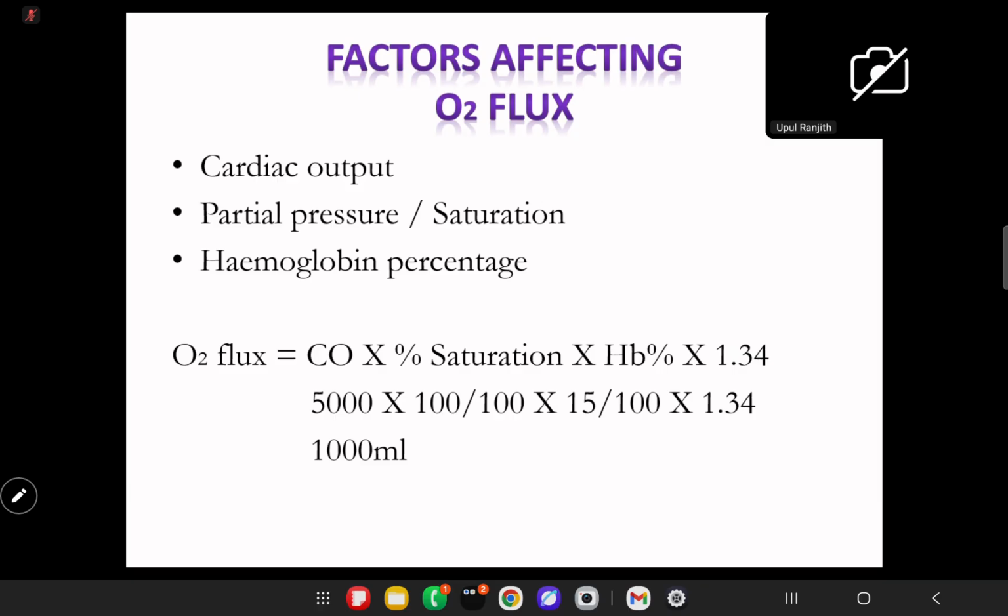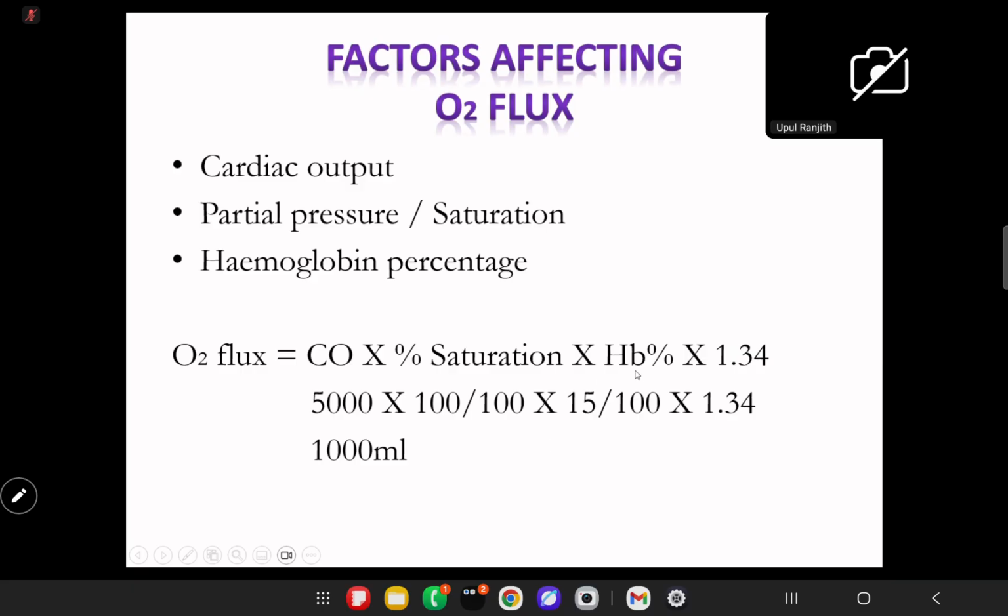So hemoglobin percentage is 15 gram in adult male average, so taken as 15. Then when you multiply this it will come to 20 ml in 100 ml of blood.